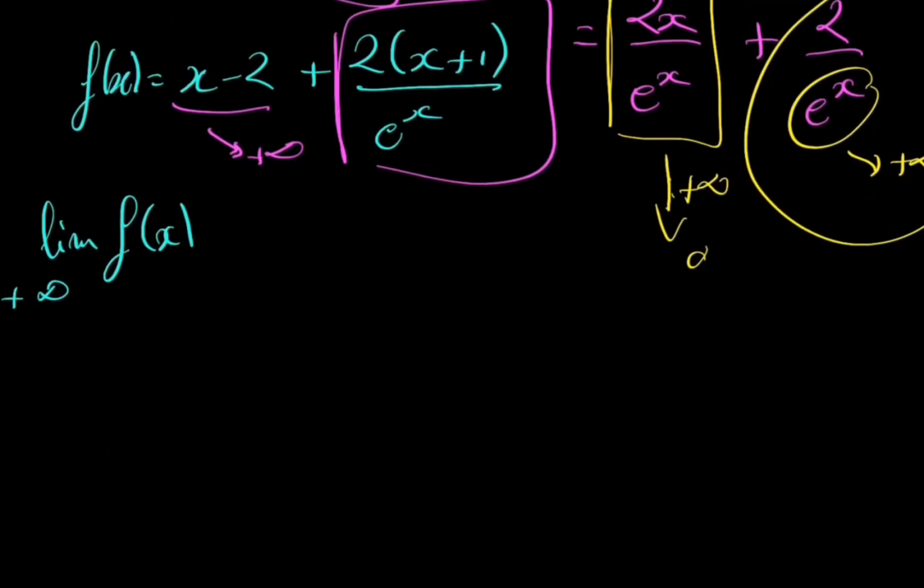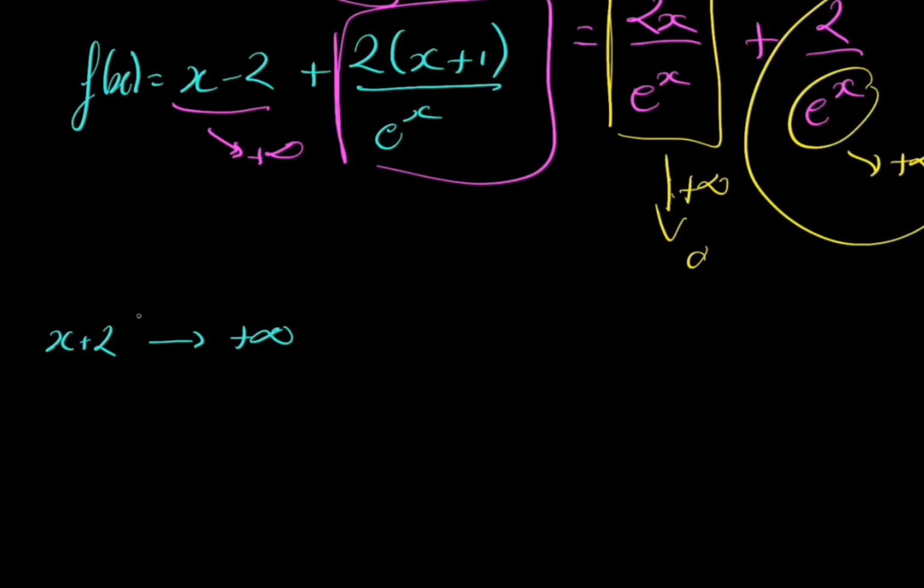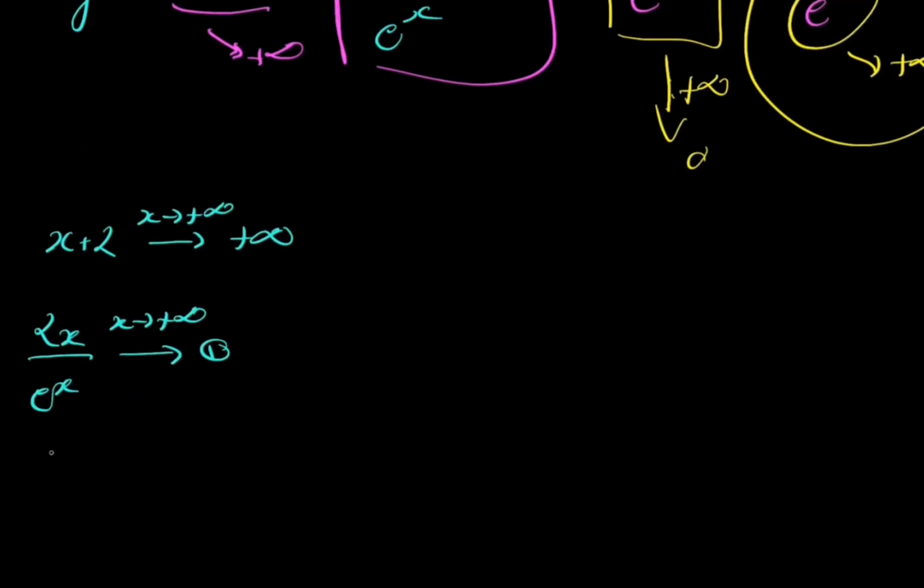So let's write it down clearly. x minus 2 tends to plus the infinity when x tends to plus the infinity. We've got 2x over exponential of x that tends to 0 when x tends to plus the infinity. And we've got 1 over exponential of x that tends to 0 when x tends to plus the infinity.